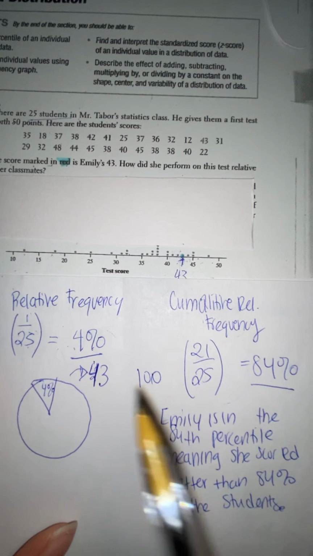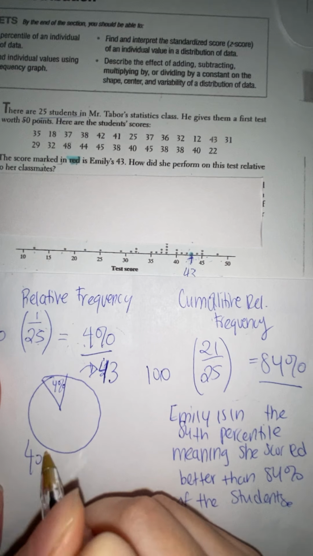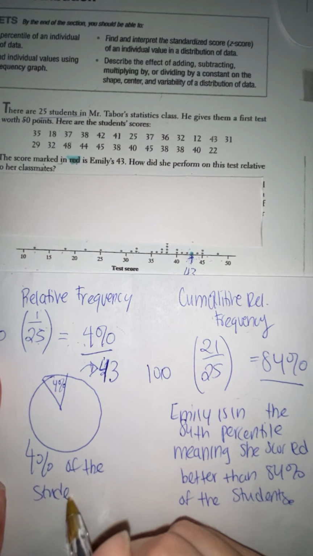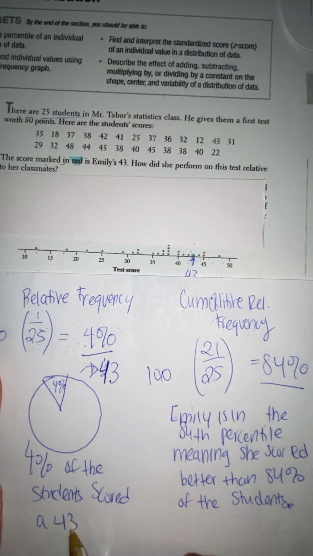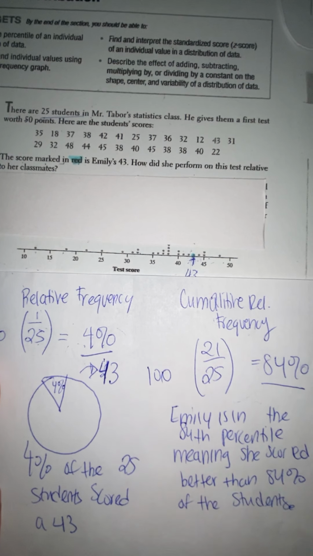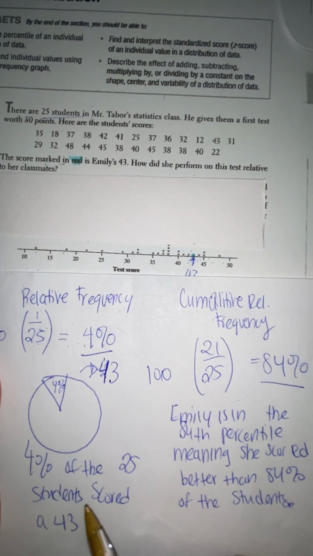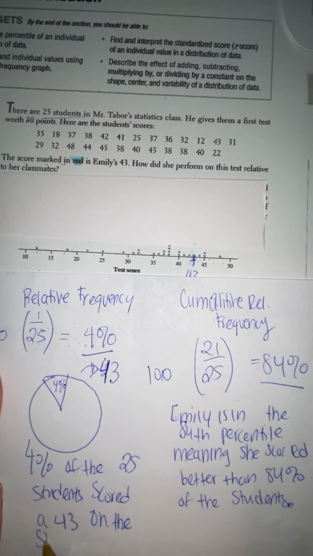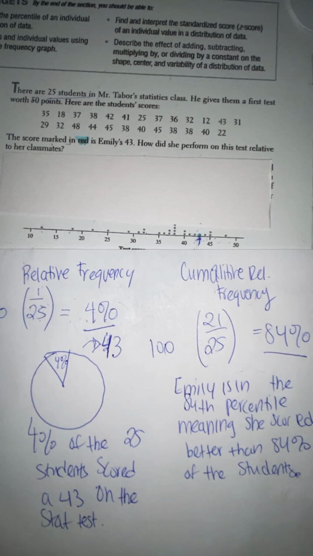We can say that 4% of the students scored a 43 on the stat test. And that's how we interpret those values.